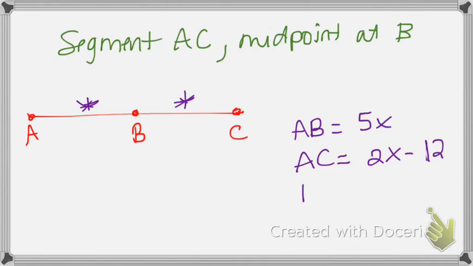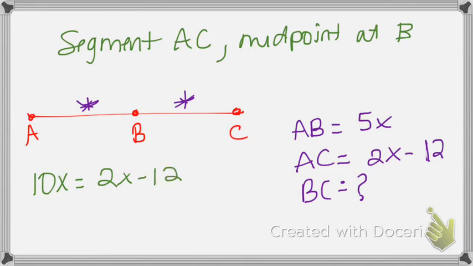And if they want to know what BC is, we're going to do it the same way. When they give me the 5x, that's the first part of the segment. The 2x minus 12 is the whole segment. So would you multiply 5x by 2? So multiply 5x by 2 and you get 10x. And then set it equal to 2x minus 12.